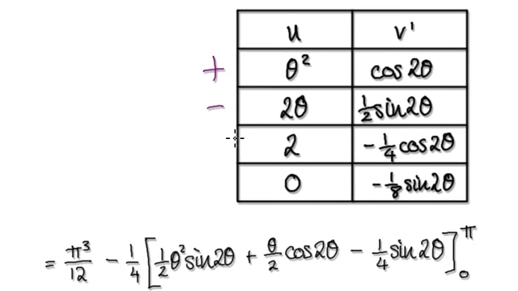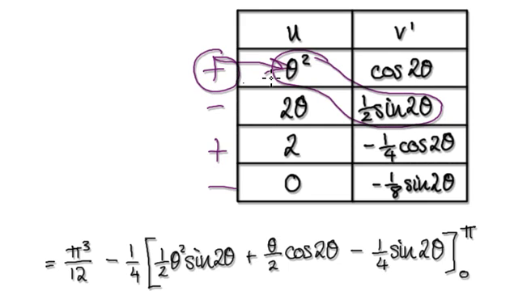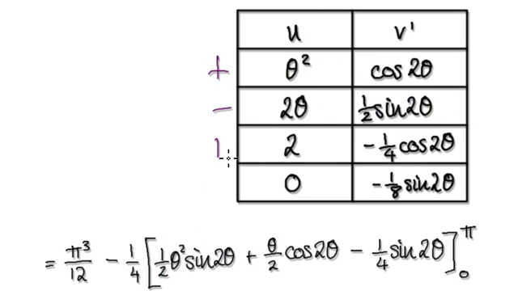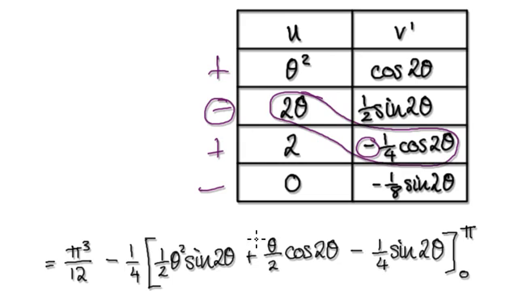Remember, it's plus, minus, and the first one will be this. So it would be positive this thing here, which would be a half theta squared sine 2 theta. And then the next one, remember, is plus, minus, and the next one will be minus this thing here. So you've got a minus here and another minus here, so that will make it a positive.